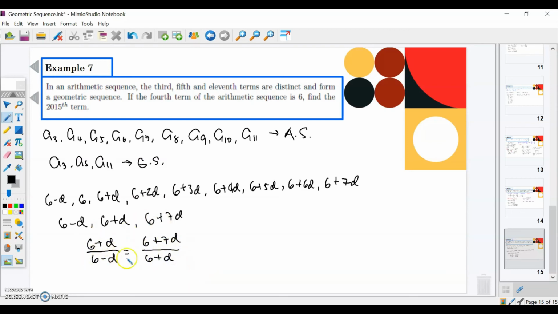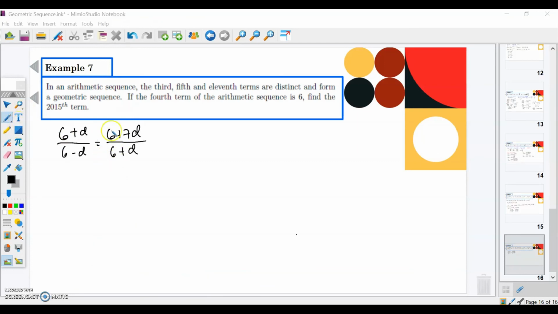I will use this equation to solve for the value of d. So using now this equation that we have generated based on the given problem, let's solve for the common difference or the value of d.